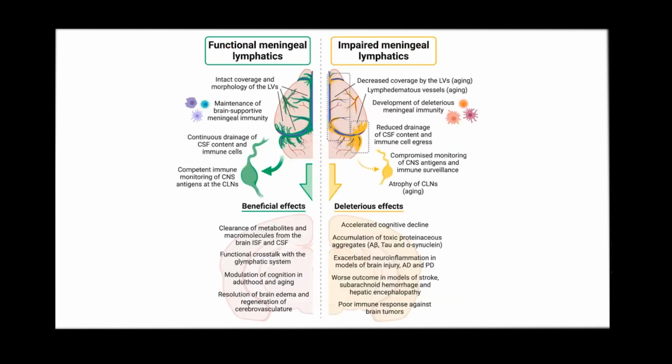And during aging, the functionality of the lymphatic system is reduced, so the clearance of these metabolites is significantly reduced. And this could be a risk factor for conditions such as Alzheimer's or Parkinson's, where you have an enhanced deposition of these abnormal proteins like amyloid or alpha-synuclein in the brain, which are not adequately cleared from the CNS.